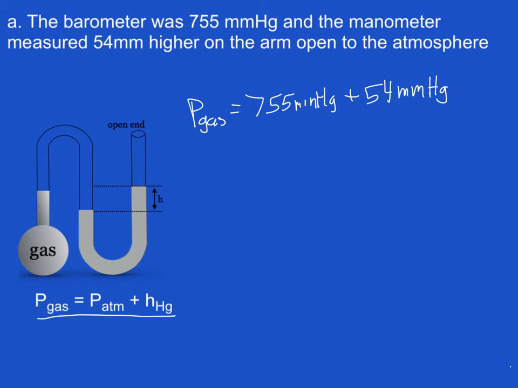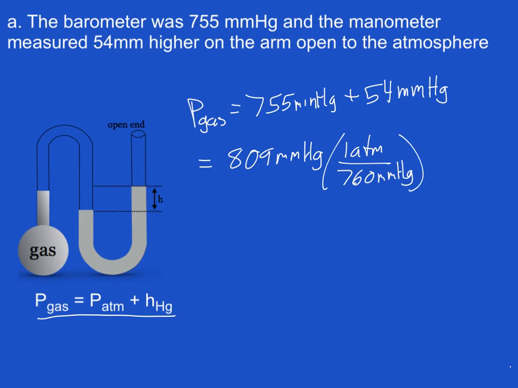We add the two together and we get 809 millimeters of mercury. The answer, however, we want to give is in atmospheres, so all we're going to do is simply convert that, 1 atmosphere over 760 millimeters of mercury, and therefore our answer for the pressure of the gas is going to be 1.06 atmospheres.